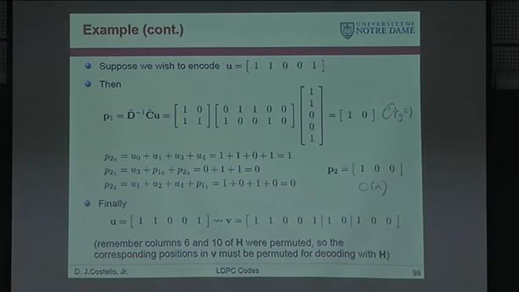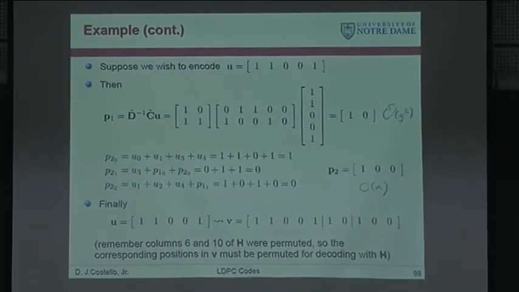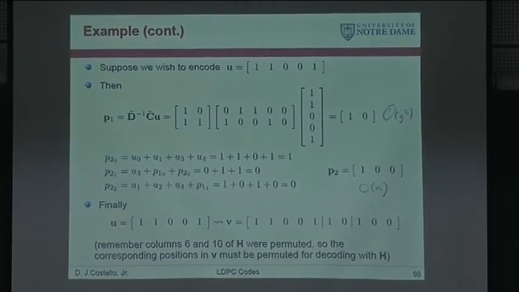So the idea is just that the encoding in general is more complex for low-density parity check codes than it would be for standard linear block codes. It's order n squared rather than order n. But you can change the form of the H matrix in such a way that you can encode directly from the H matrix, and depending on how large you can make this lower triangular matrix, you can make the encoding complexity almost order n.